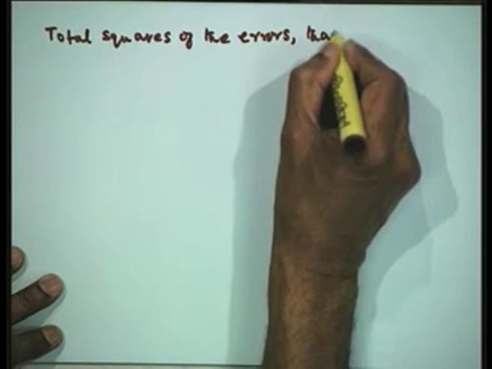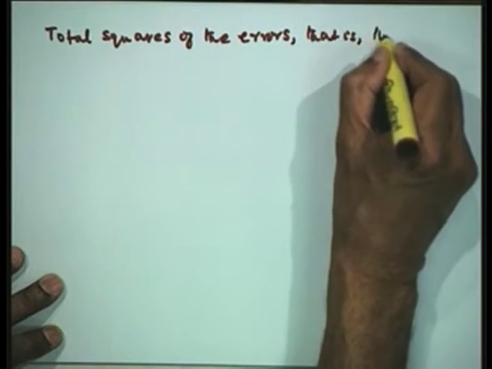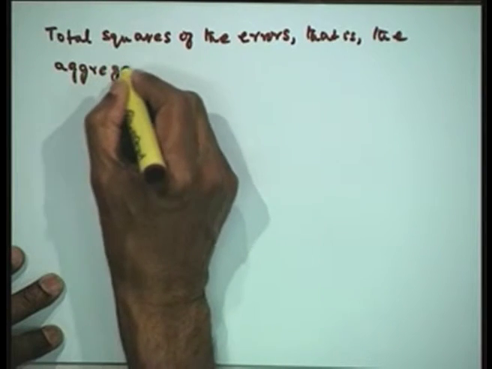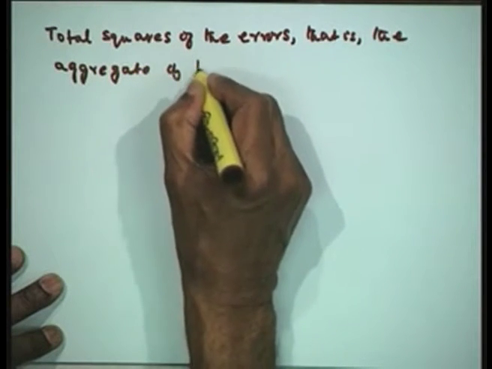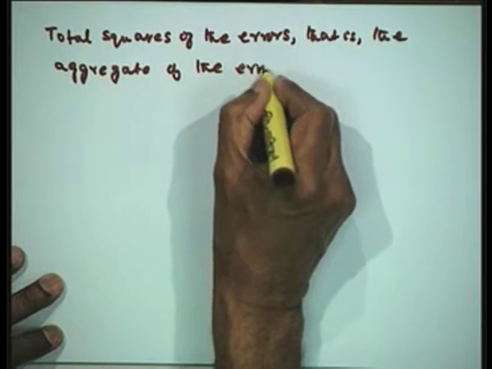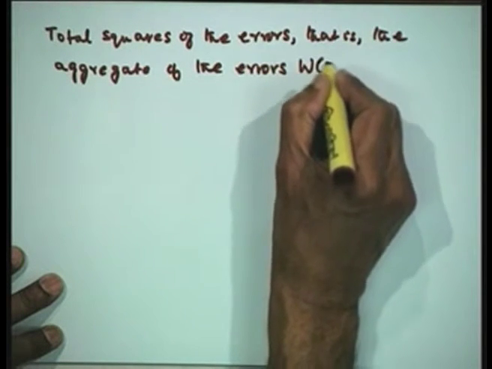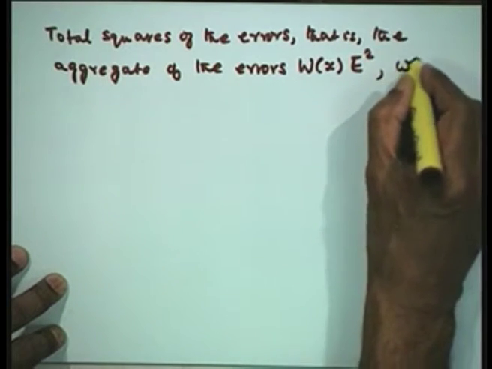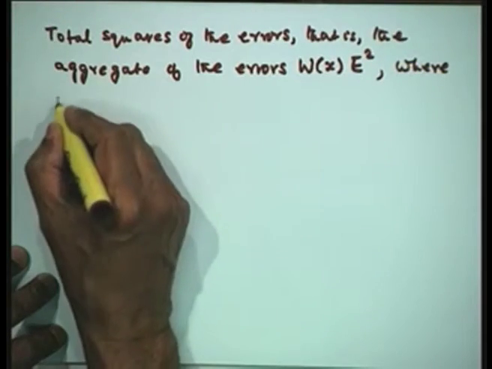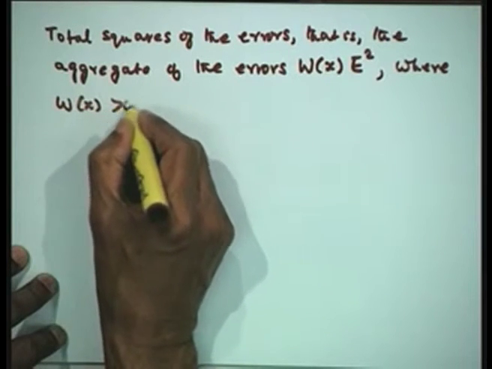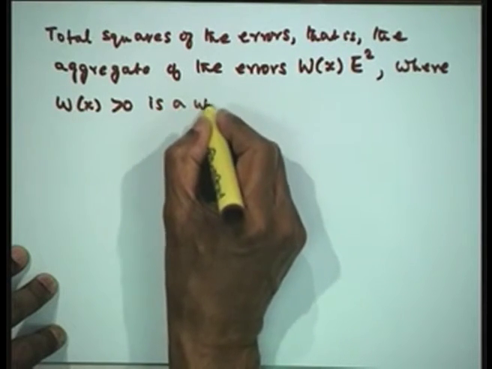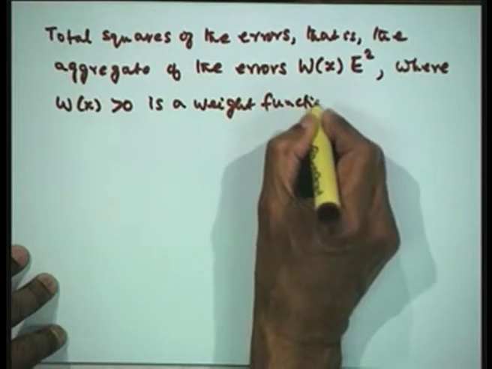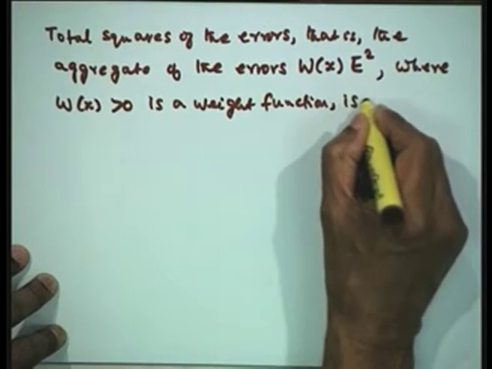that is, the aggregate of the error w x into E square, where w x is a weight function greater than 0, is minimized.